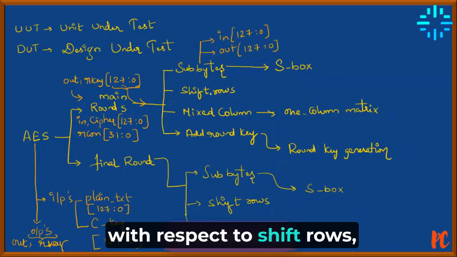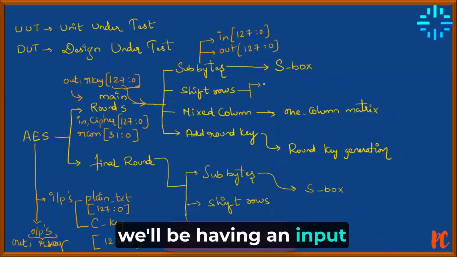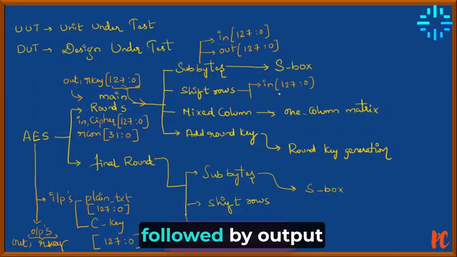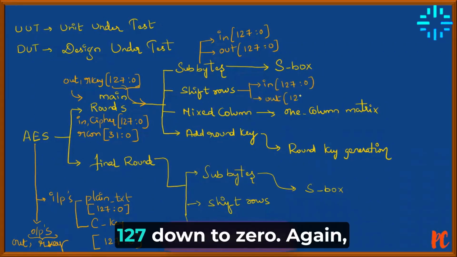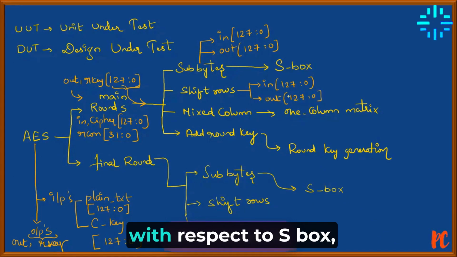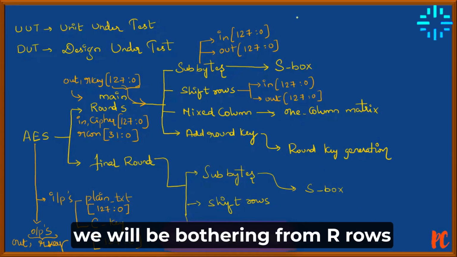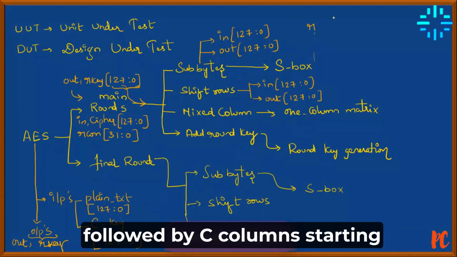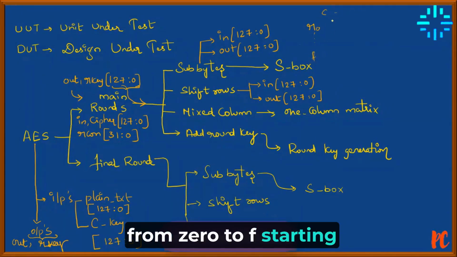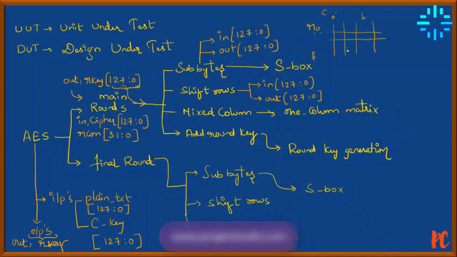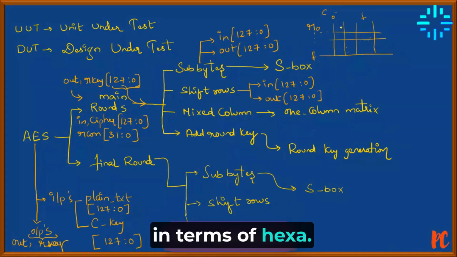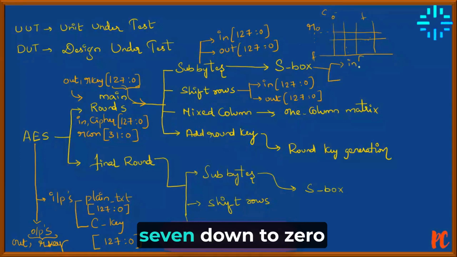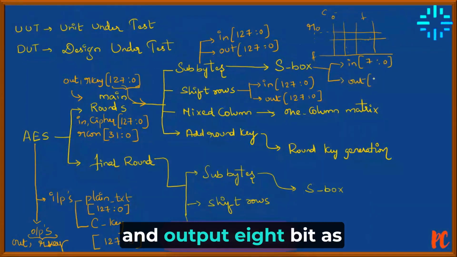Similarly, with respect to shift rows, we will be having an input 127 down to 0 followed by output 127 down to 0 again. With respect to S-box, we will be bothering with R rows followed by C columns starting from 0 to F. Since I will be representing in terms of hex, I can define its port list with input 7 down to 0 and output 8 bit as well.